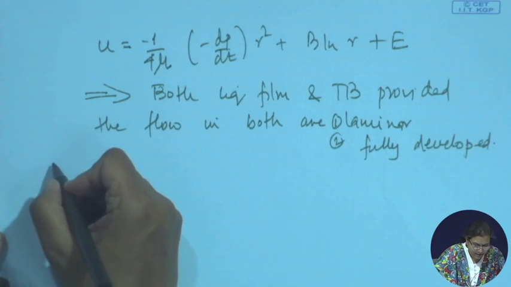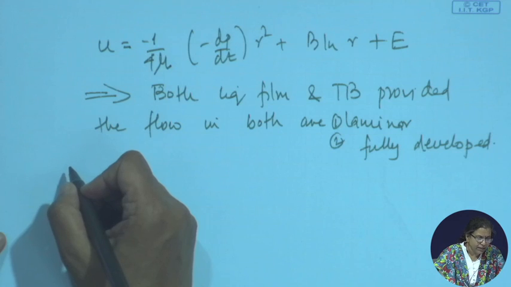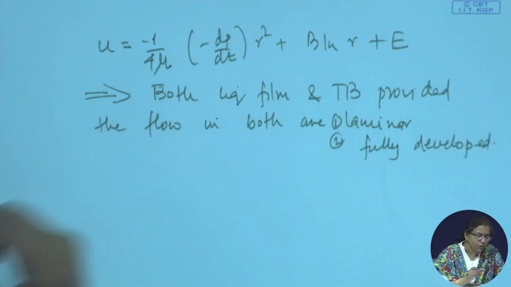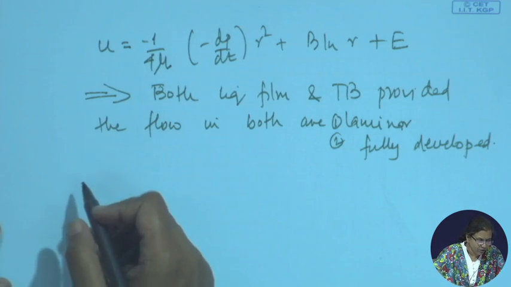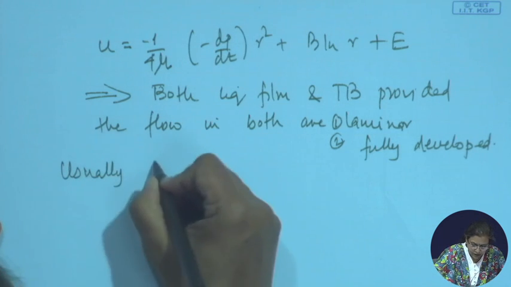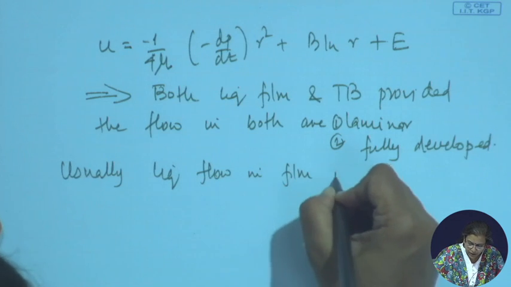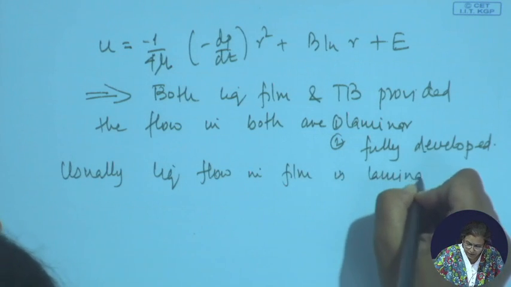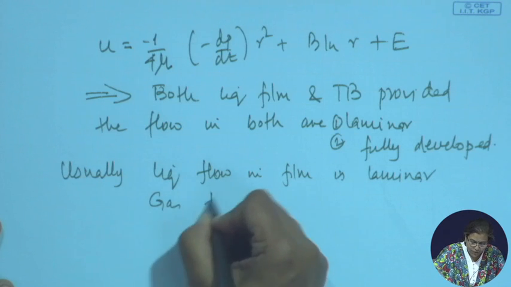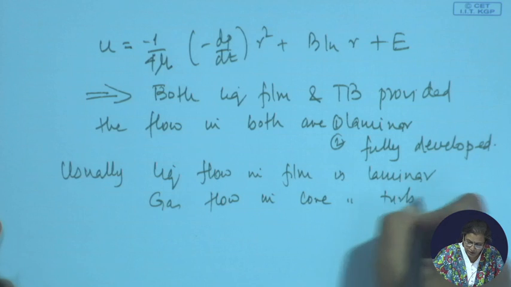For that case, a simple semi-analytical solution can be formulated by first deriving the solution for laminar liquid film flow. Usually liquid flow in the film is laminar, but gas flow in the core is turbulent.